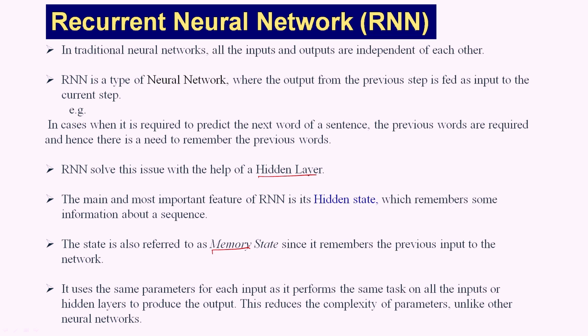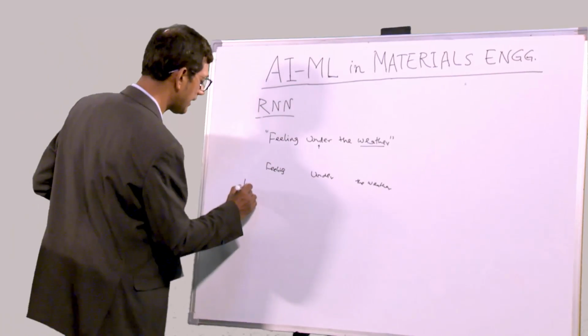So it remembers the previous step so that it can capture the temporal evolution of the next step and also predict results in a sequential manner. These three things are important. First, it has to retain the information. What is the information? Previous step information.